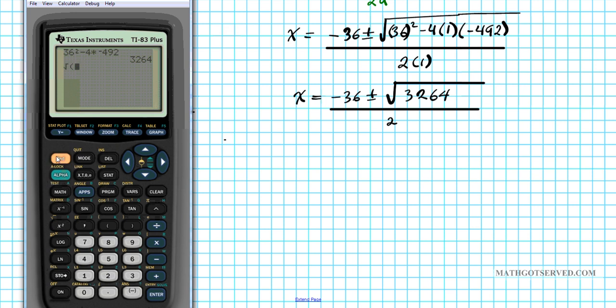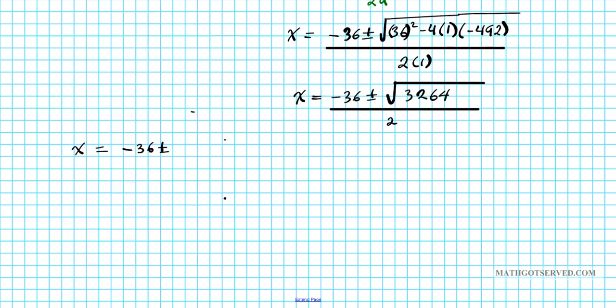Square root of 3,264. So it's 57.1314. So let's use that 57.1314. Let's write that down. Plus or minus 57.1314. And that entire expression divided by 2. Okay? All right, so this is where we split our answers into 2.